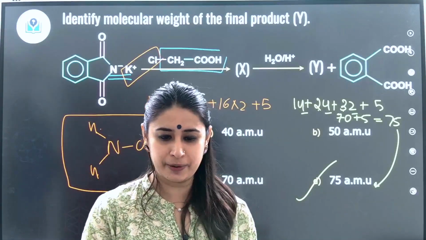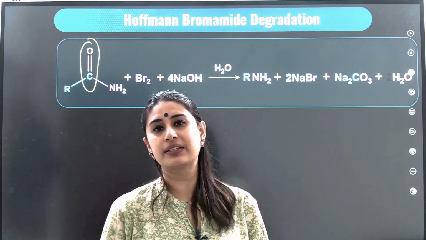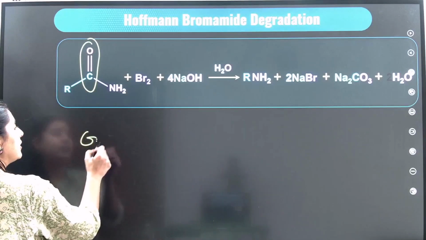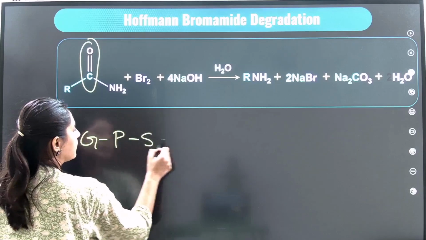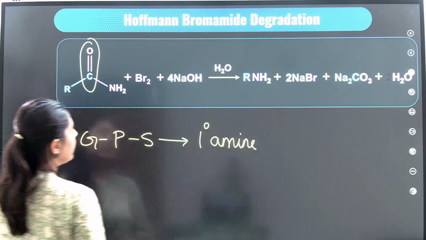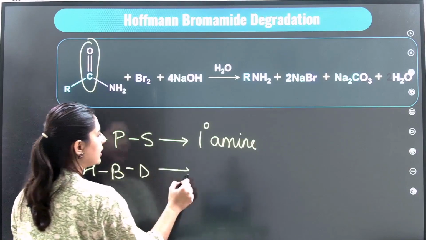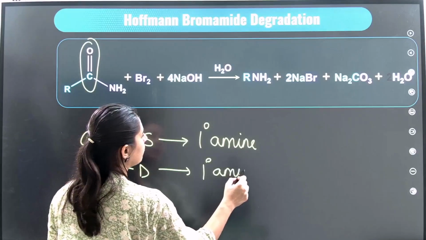I hope this is clear. One point of note for you: whenever we are dealing with Gabriel phthalimide synthesis, it will always produce 1 degree amine. Whenever we are dealing with Hofmann bromamide degradation, that's also going to give you 1 degree amine.